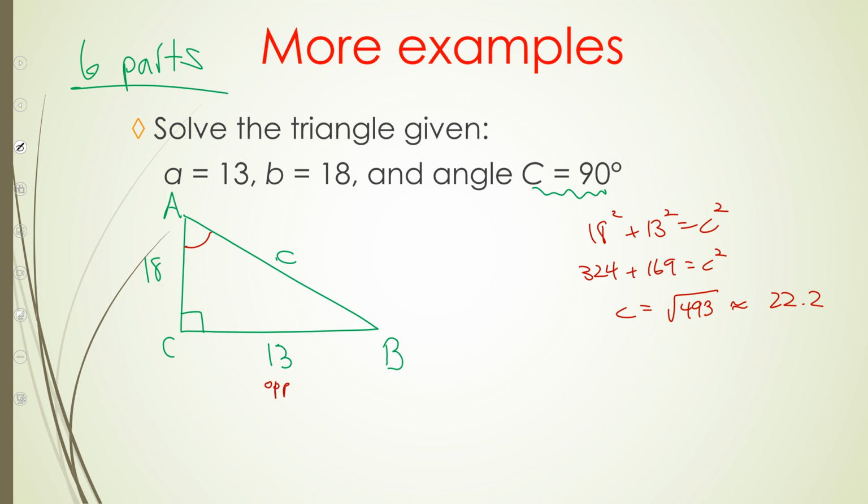Which would make the 18 the hypotenuse or the adjacent? Adjacent. Well done. Okay, here's the tough part. Working with angle A, what function uses opposite and adjacent? Tangent. Beautiful. So the tangent of angle A is 13 over 18 or 18 over 13? 13 over 18. Well done.